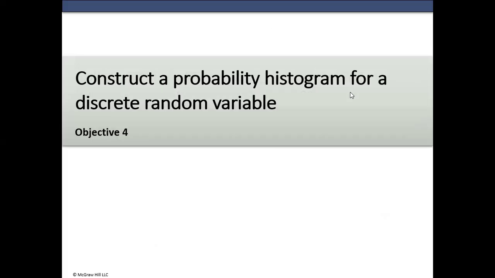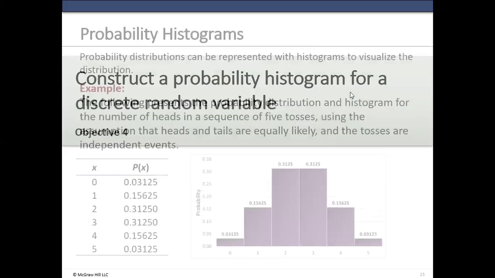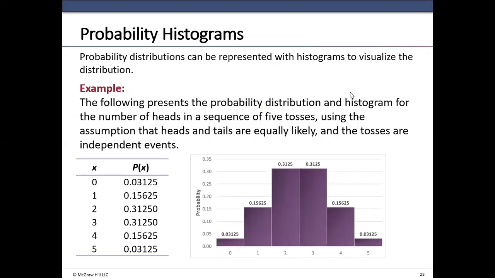Now construct a probability distribution for a discrete random variable. So here they're listing the probability distribution of the following: present the probability distribution histogram for the number of heads in a sequence of 5 tosses, using the assumption that heads and tails are equally likely and the tosses are independent events.